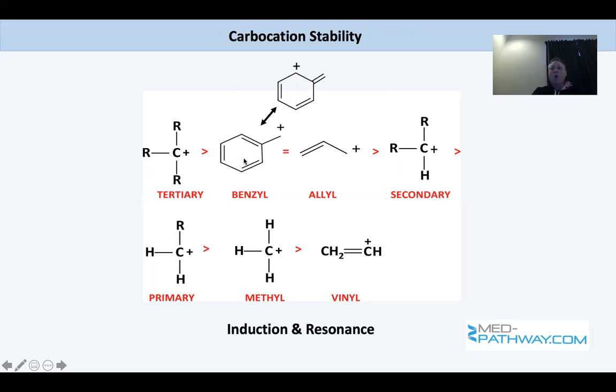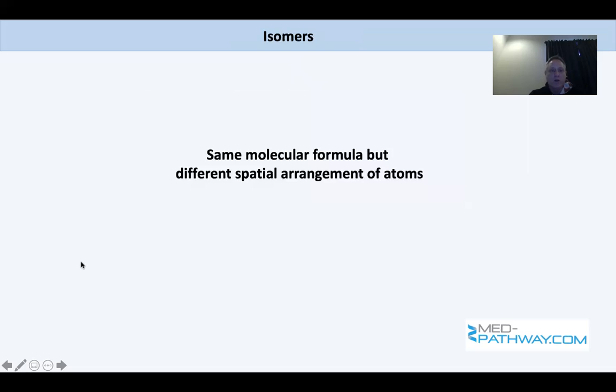And by having no one carbon experience the total positive charge, you generate stability of the carbocation. Carbon doesn't want to be positively charged. And so we can explain the hierarchy of carbocation stability in these molecules through both induction and resonance arguments.